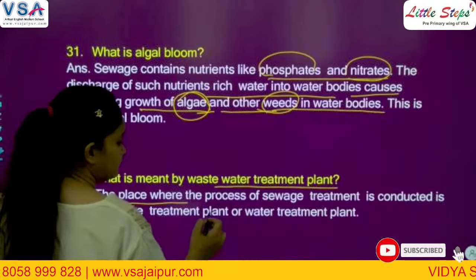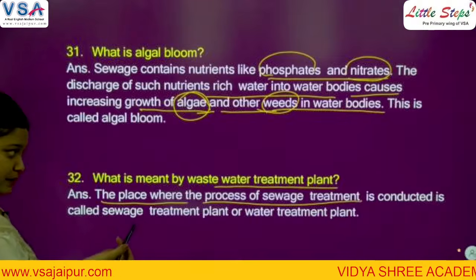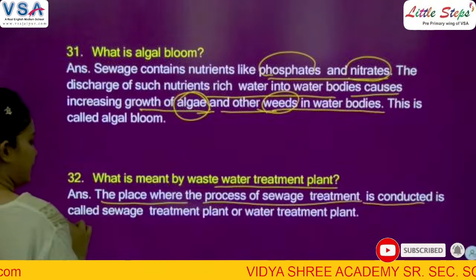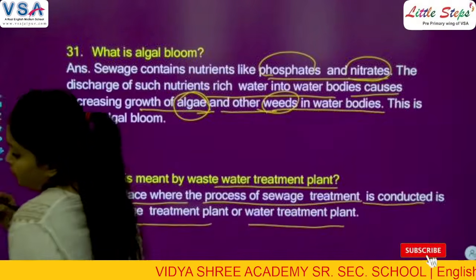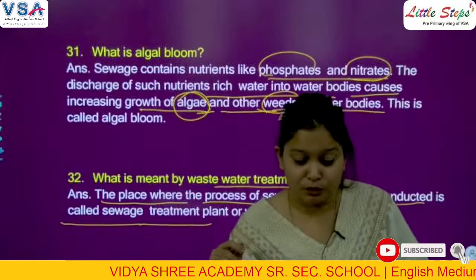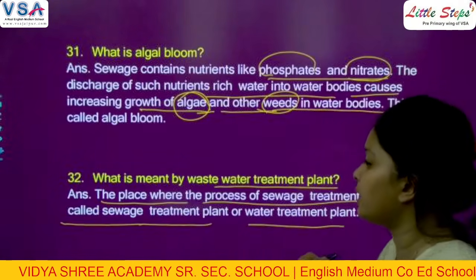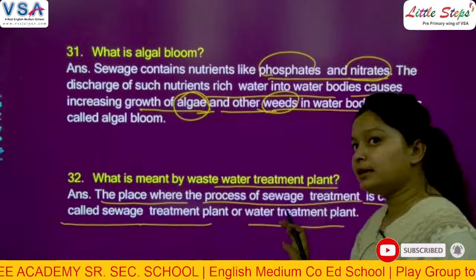The place where the process of sewage treatment, dirty water treatment, is conducted is called a sewage treatment plant or wastewater treatment plant. So the place where we recycle and clean the dirty water is known as a wastewater treatment plant.